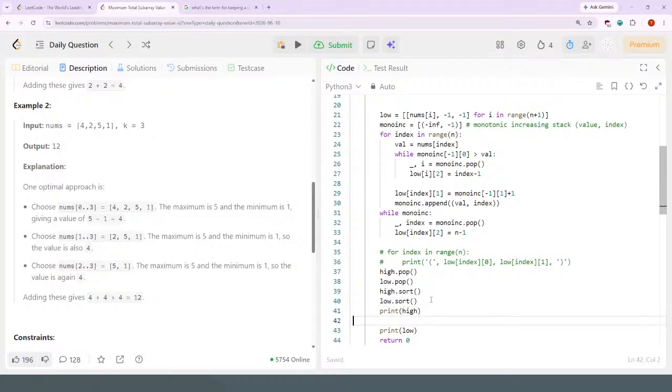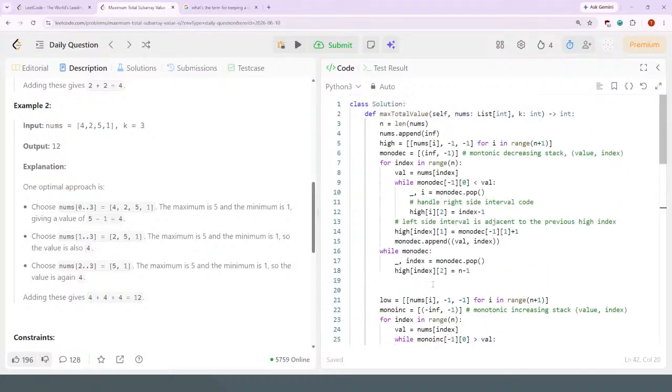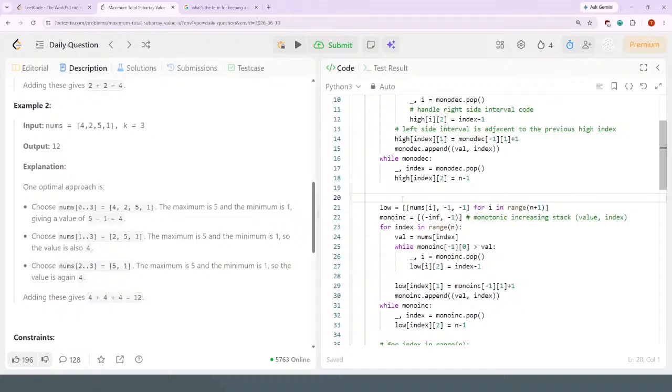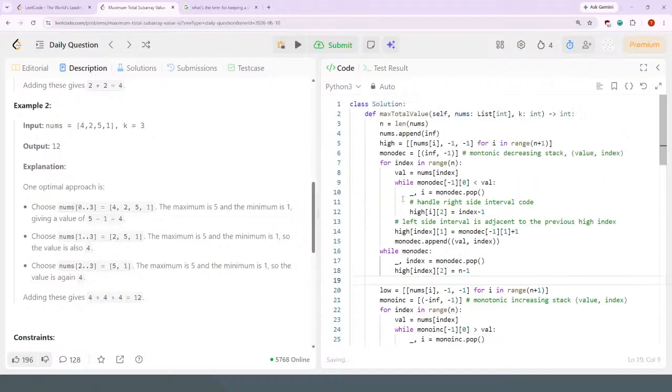I'm not sure if I want these to be sorted increasing all the time. Probably remove some of these comments.